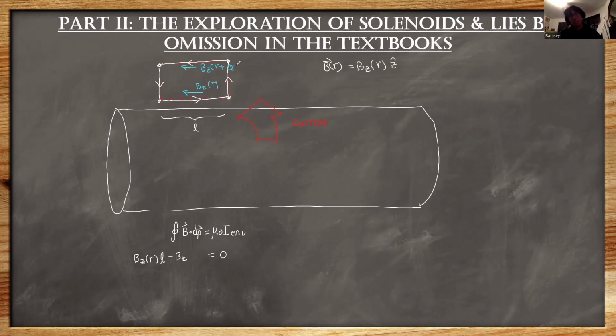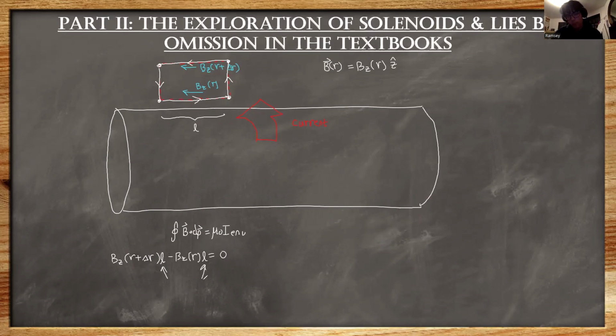So I'll put BZ of R plus delta R up here, and then minus BZ of R times L. This has to equal 0.